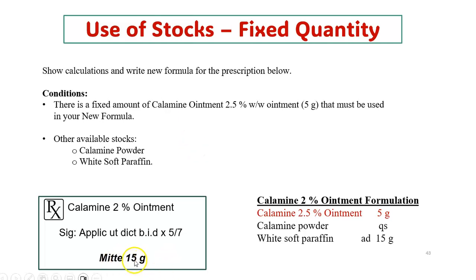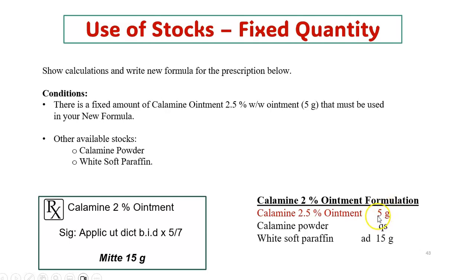The question asks for 15 grams of calamine ointment 2%. The conditions are that there's a fixed amount of calamine 2.5% ointment, 5 grams, that must appear in your new formula. So you cannot change that. There is drug being carried by this ointment. And we talk about aliquot.